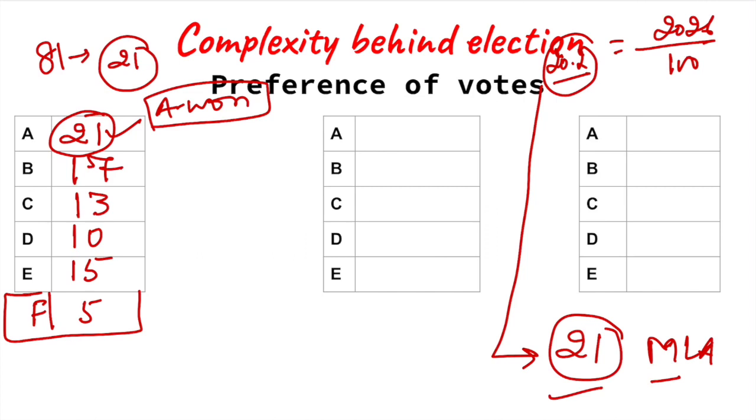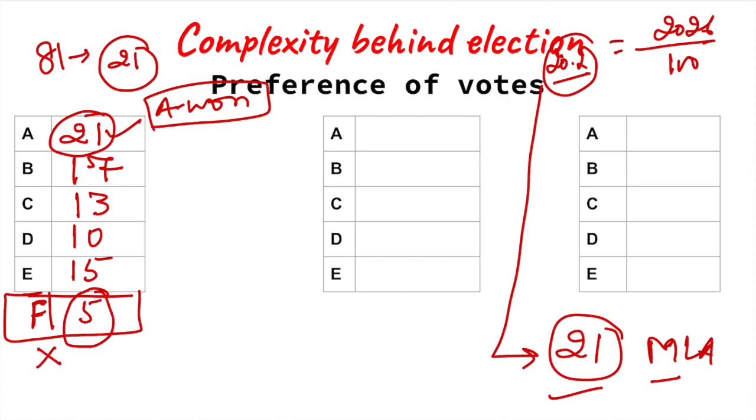Now, how will the members for the remaining 2 seats be elected? We will go for the second round of voting. But before that, one thing you need to know: what happens in this case? The candidate who receives the lowest number of votes will be disqualified.